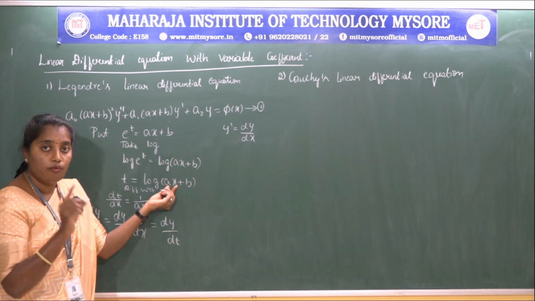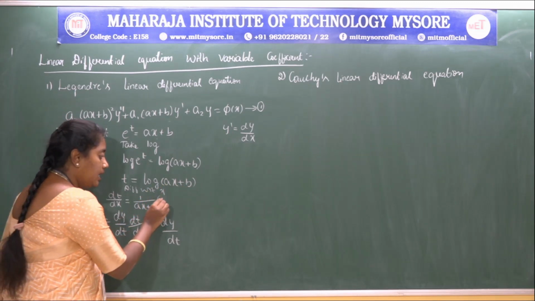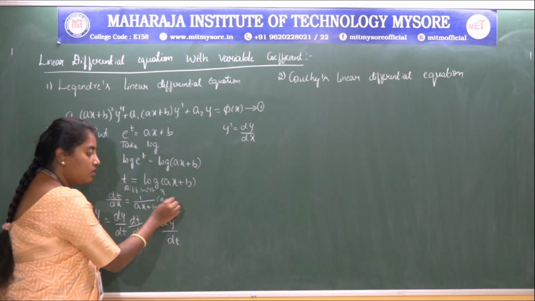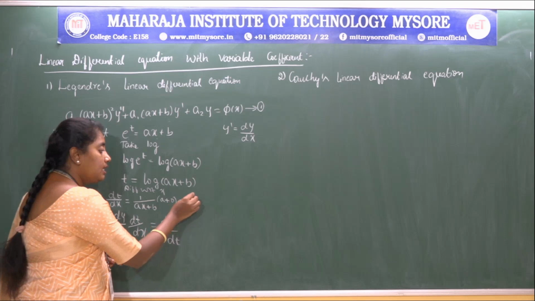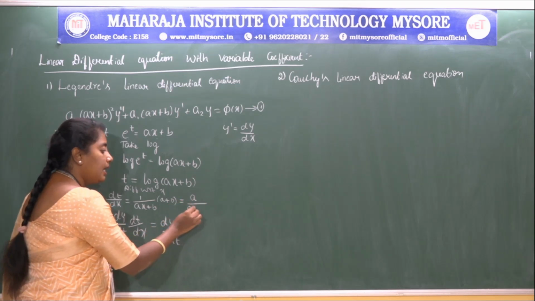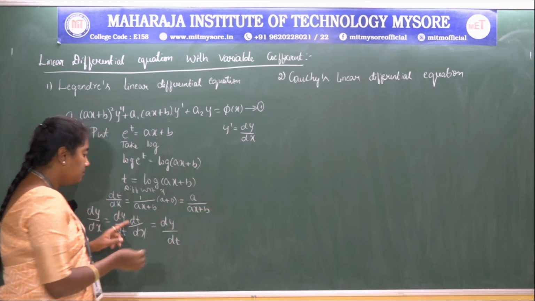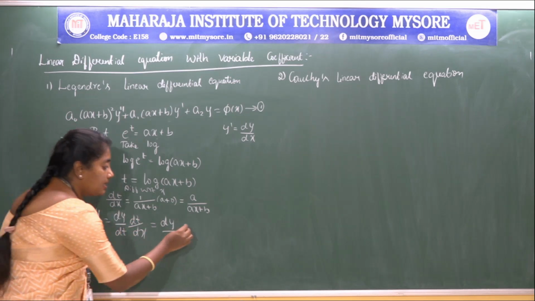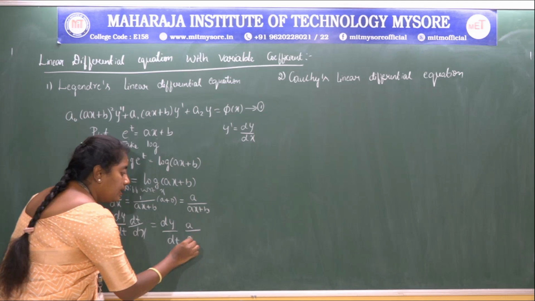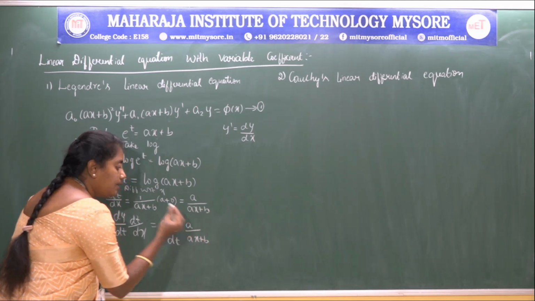Differentiation of ax is a, plus the differentiation of the constant term is 0. So the remaining element is a divided by ax plus b. That is, the value of dt by dx is a divided by ax plus b.